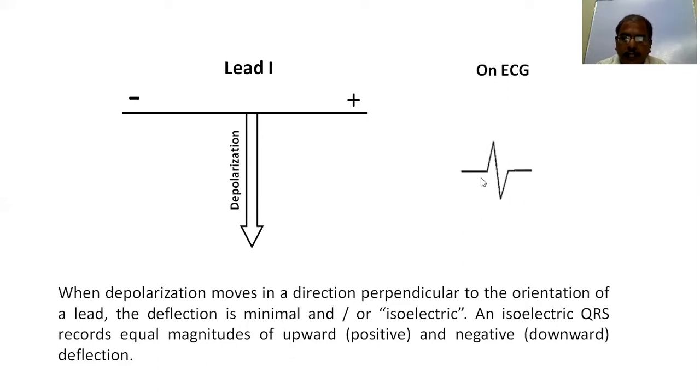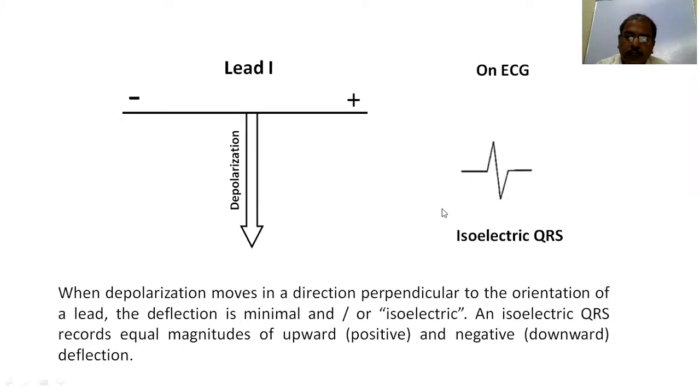This is recorded as equiphasic, isoelectric. So the positive part is equal to the negative part. So in lead 1, if the depolarization is perpendicular, there will be positive and negative deflections, and both these deflections will be of equal magnitude.